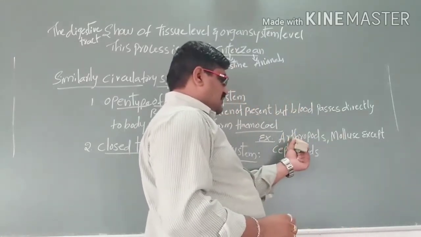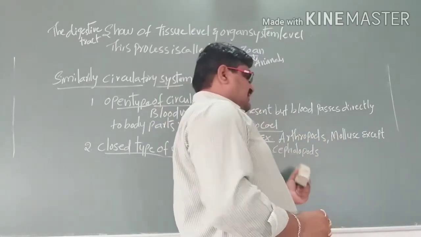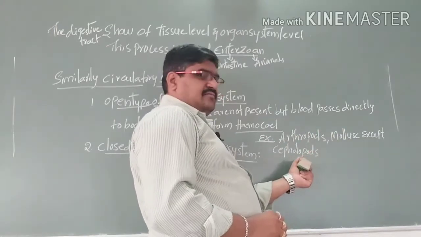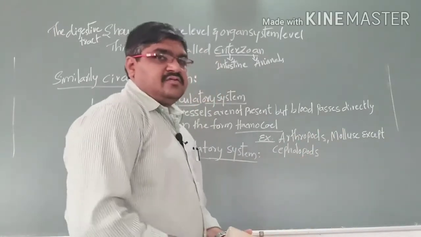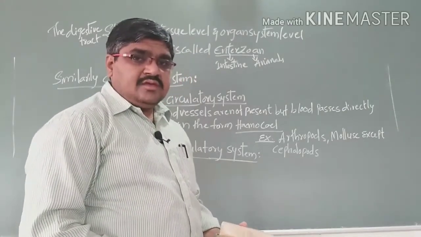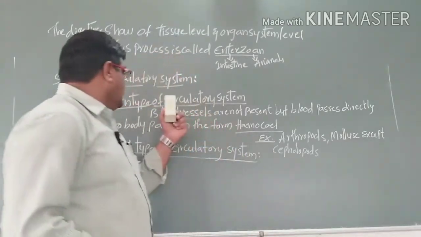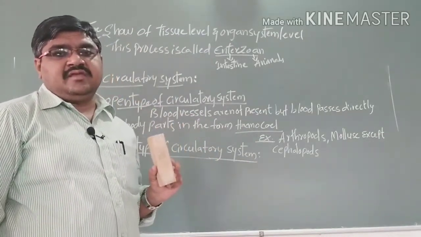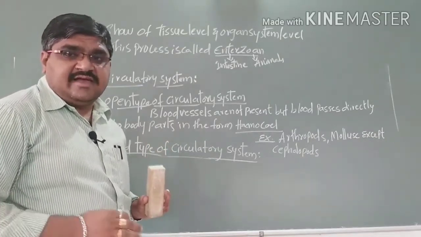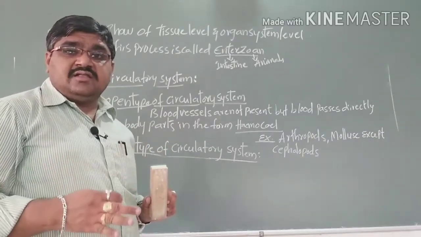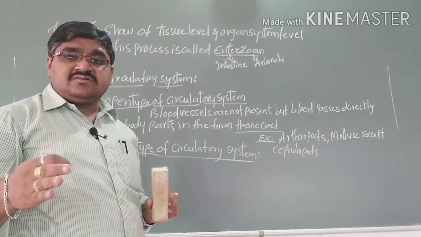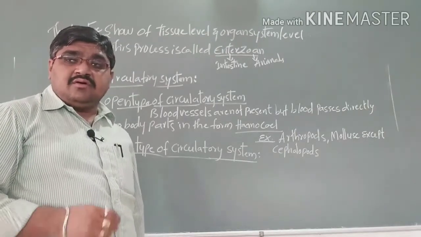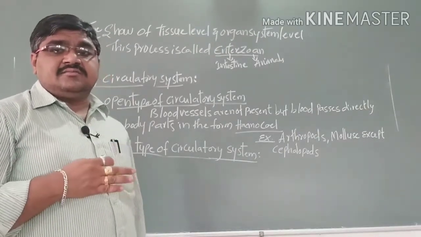Arthropods and molluscans, except the cephalopods, we can call the open type of circulatory system. They do not have blood vessels; the blood flows directly to the body parts only.